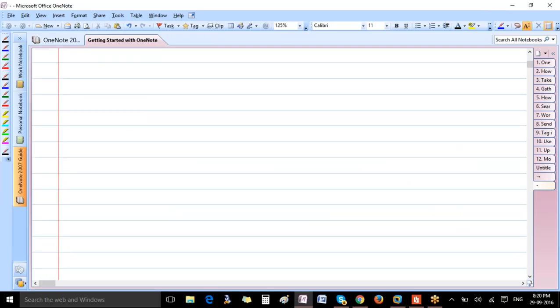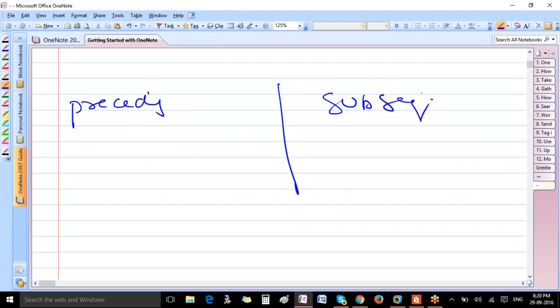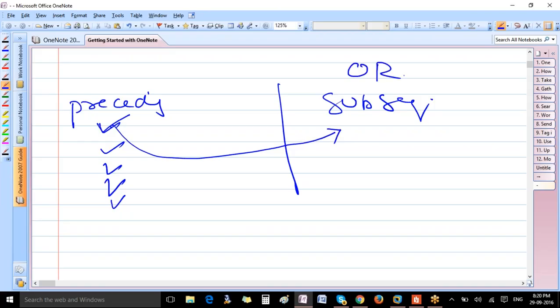See, in SAP everything we configure is like this: preceding and subsequent. That means you maintain everything at the preceding level, and whatever you maintain at the preceding level, you want it to be automatically determined at the subsequent level. Subsequent means order.